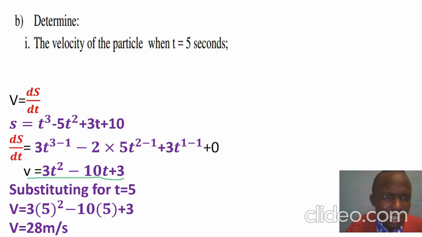Now we want to get v when t is equal to 5. So we are just going to substitute 5 where we have t. Solving it further, you come up with 28 meters per second. Velocity is speed in a defined direction. Velocity is a vector quantity, and the units are in meters per second. Let's go to the next question.